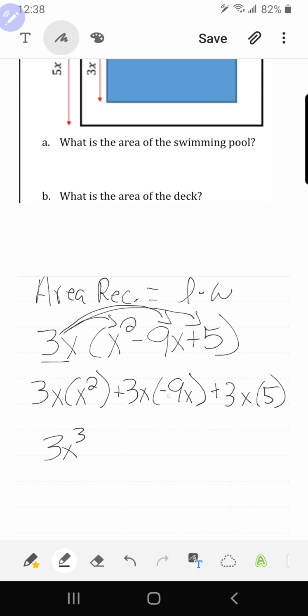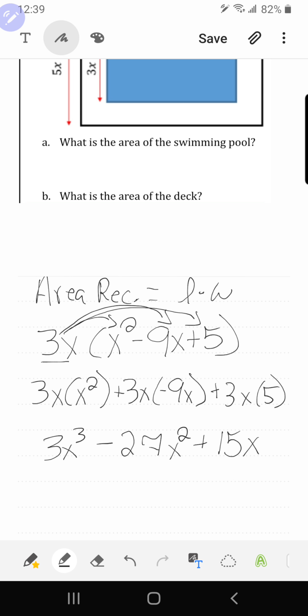Now 3x times negative 9x. A positive times a negative is a negative. That gives me negative 3 times 9, which is negative 27. x times x is x squared. 3x times 5 is 15x.